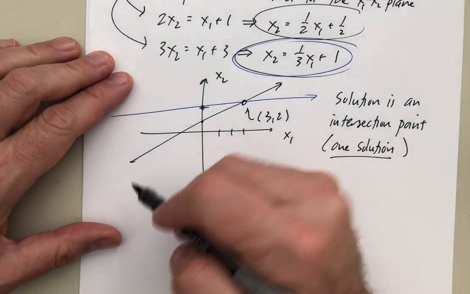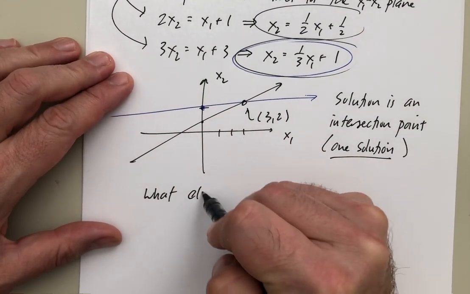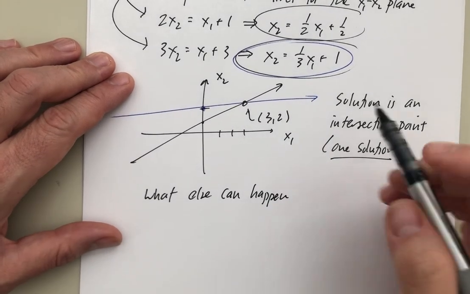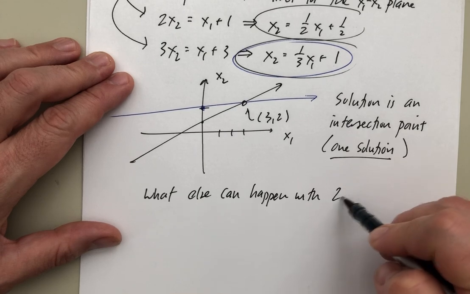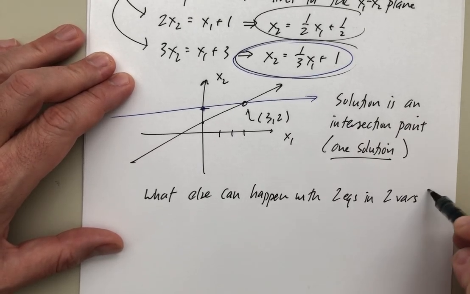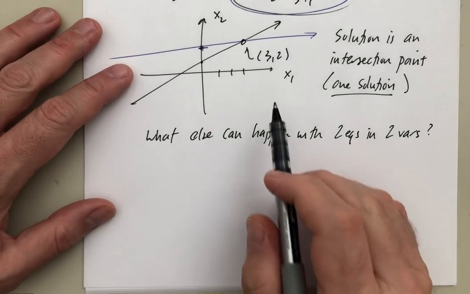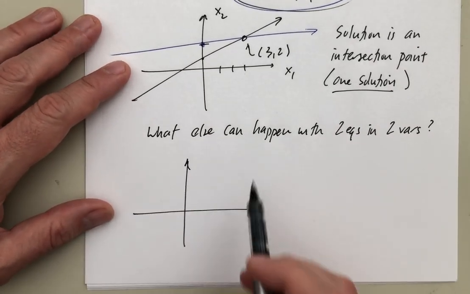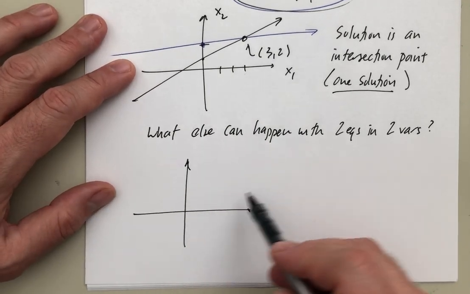Now, what else can happen? In this simple example with two equations in two variables, I kind of hinted at this already. What else can lines do? Well, you can have lines that don't intersect. In other words, they can be parallel.